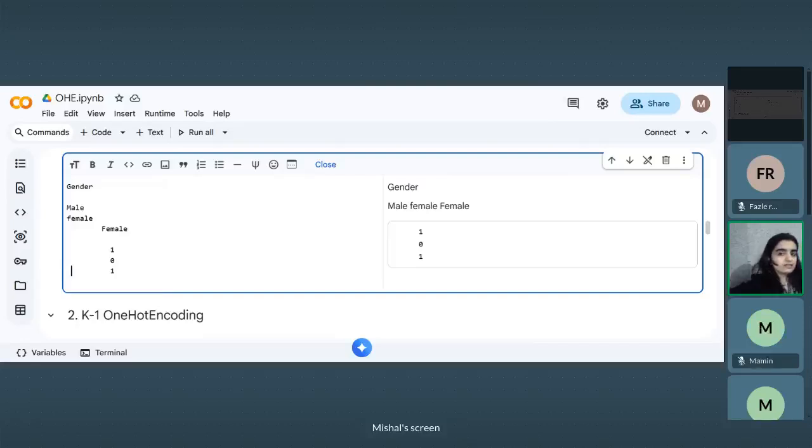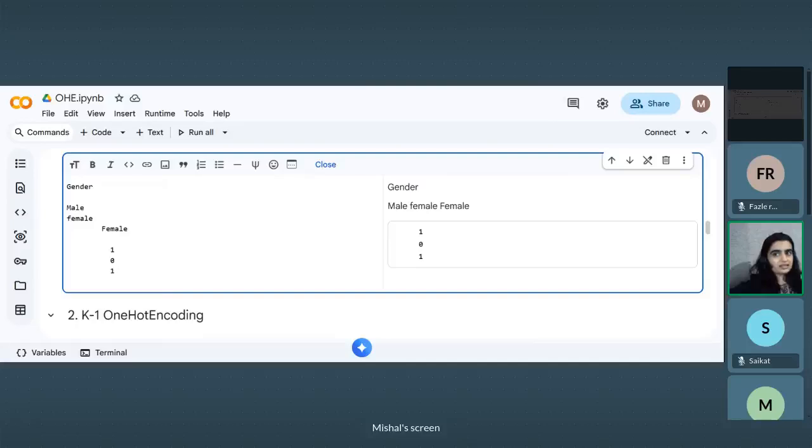Is dropping the first column any sort of loss or not? No loss, madam. No loss? Yeah, because we are still able to identify that the first person is female, the second person is not female, that's a male, the third person is a female. It means we can drop the first column.